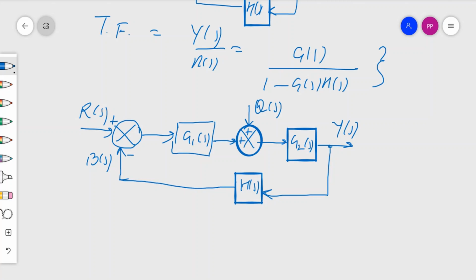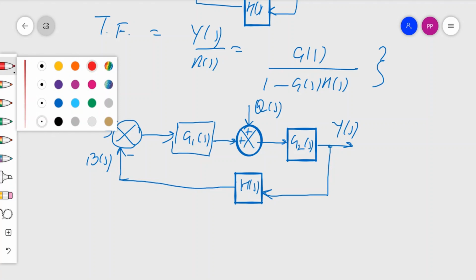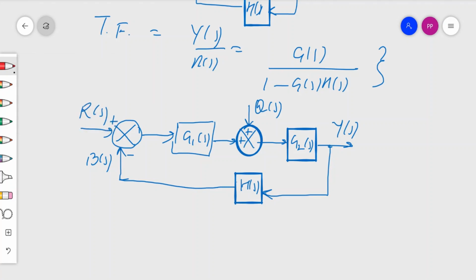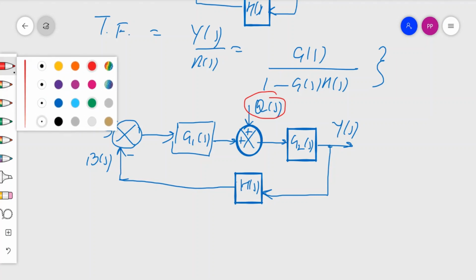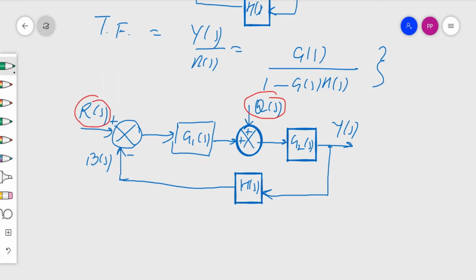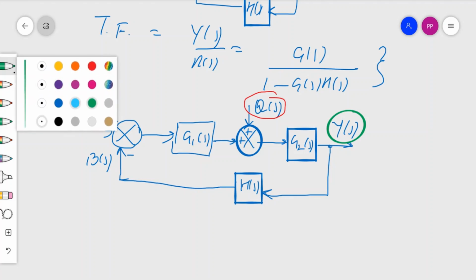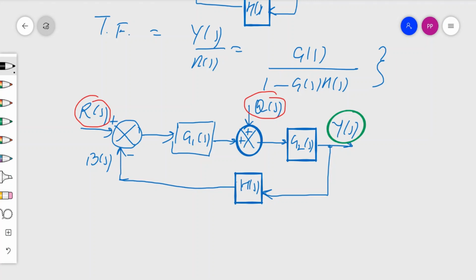What are the two inputs over here? The two inputs over here are, first one is Q(s) and second one is R(s), while we see that the output over here is only Y(s). So our job here is to find out the transfer function from Q(s) to Y(s) and from R(s) to Y(s).